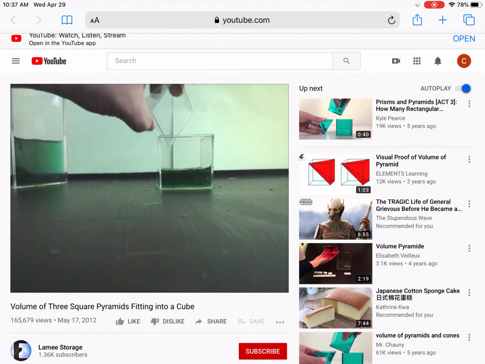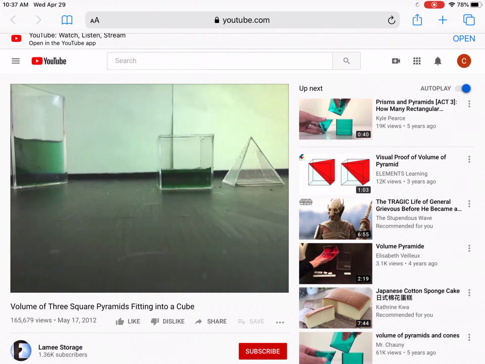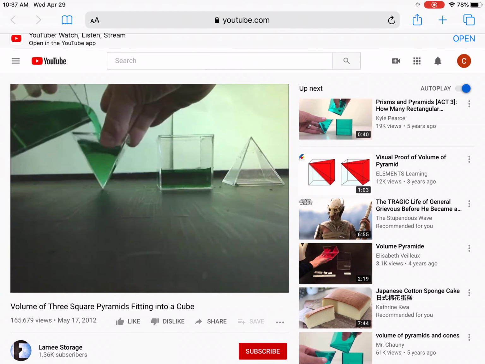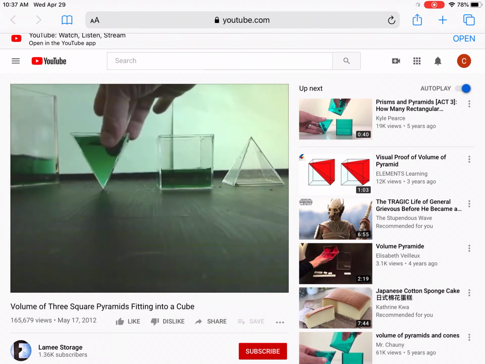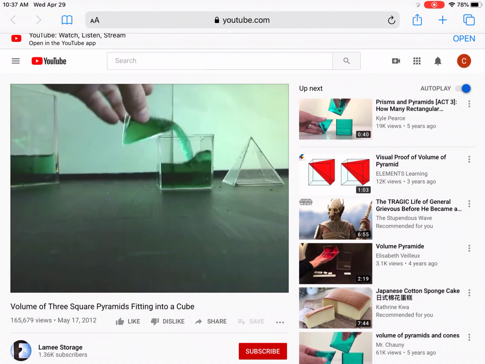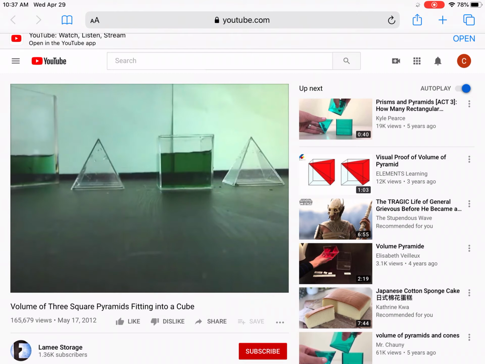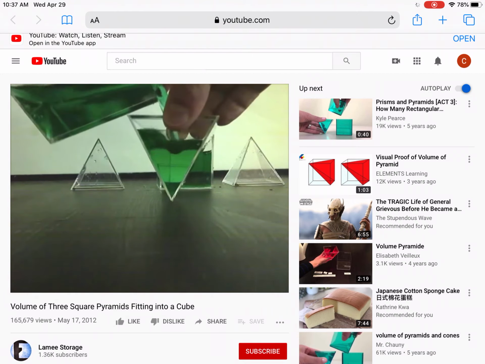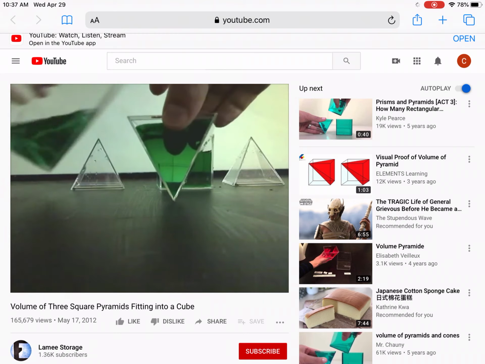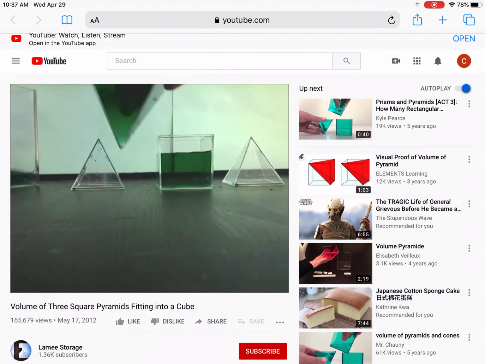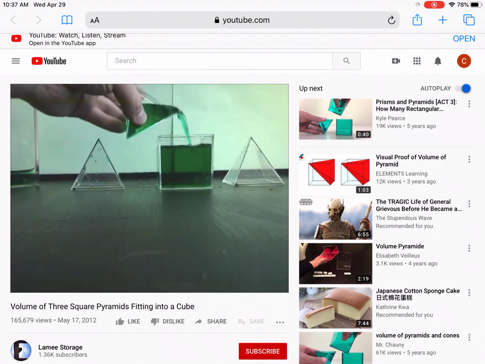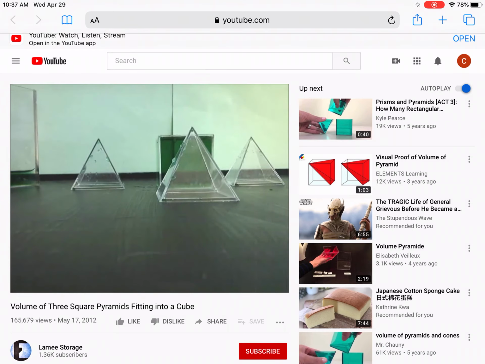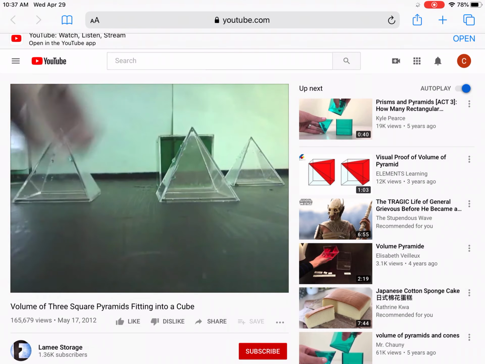So the first thing I'd ask you is: is the volume of the pyramid the same as the volume of the prism? The volume of the prism and the volume of the pyramid were not the same.